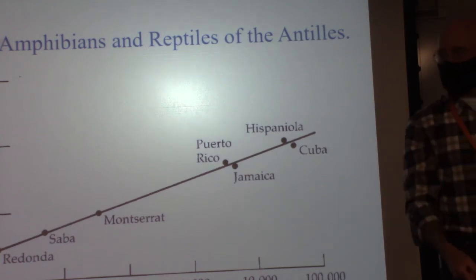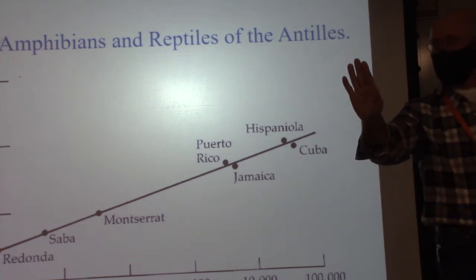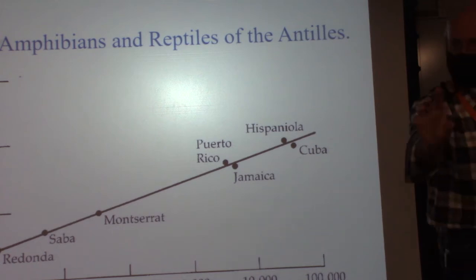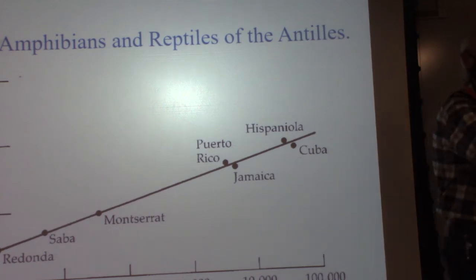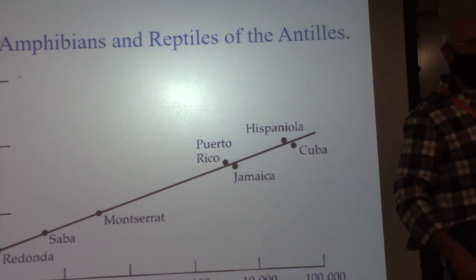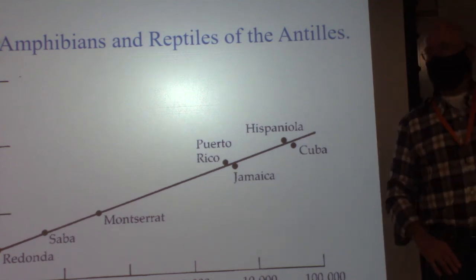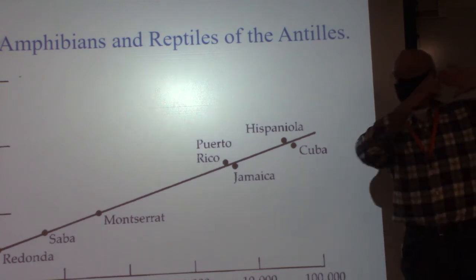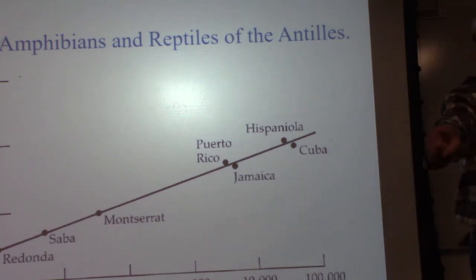You come across the north shore of Venezuela, and there are these little island chains, little dots of islands, that make a big loop all the way up to Jamaica and Cuba. That island chain is the Antilles.